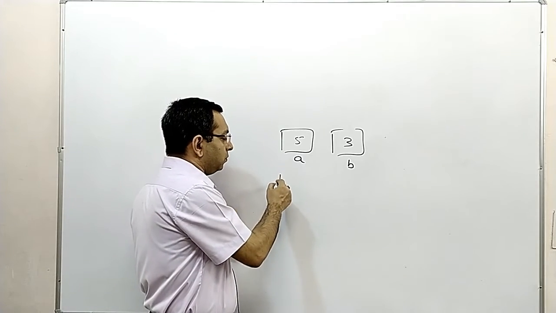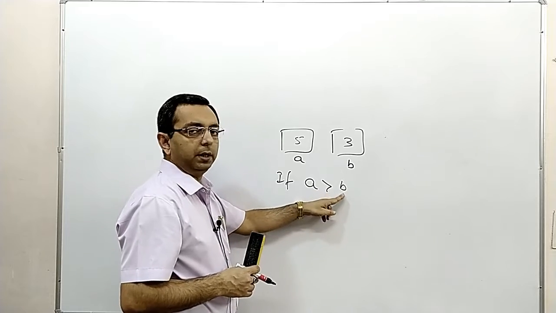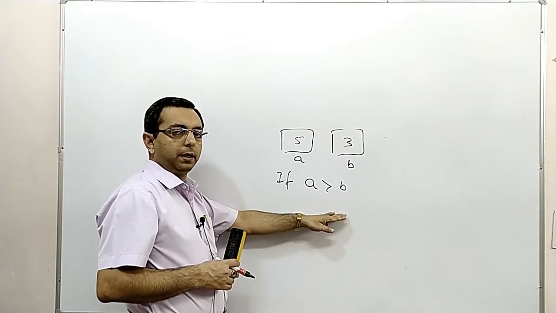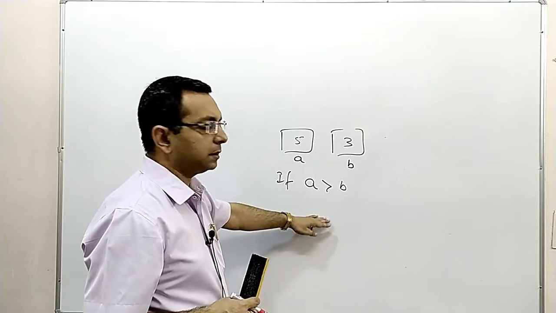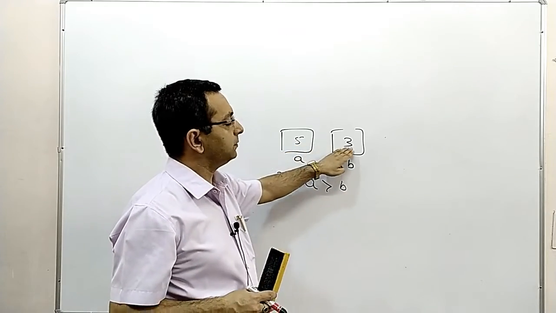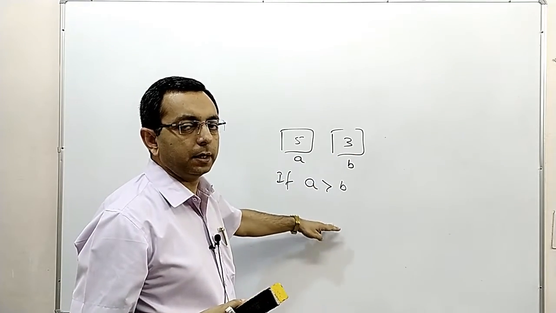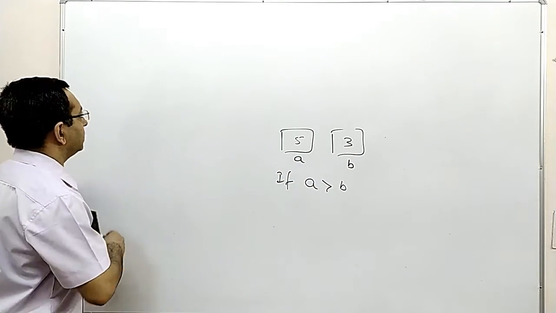So you have to write: if A is greater than B, then print A is big, else, if this is not big, then of course the other will be big, so you have to write B is big. Let's see how to write the algorithm for this.